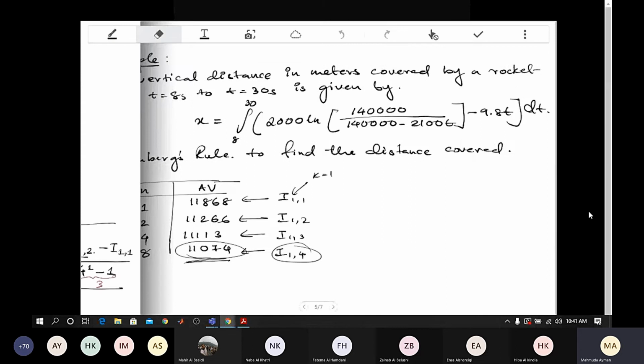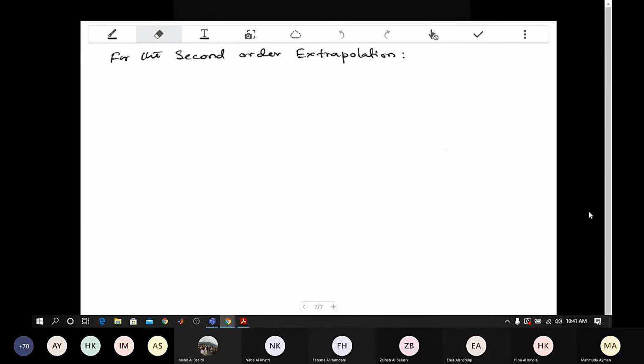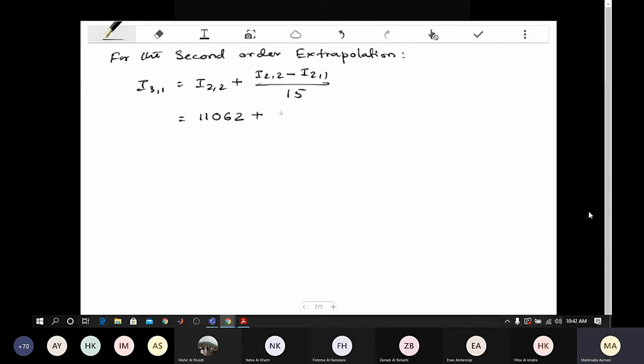So for I3,1, we'll have I2,2 plus (I2,2 minus I2,1) divided by 15. From the table, we have the values here.